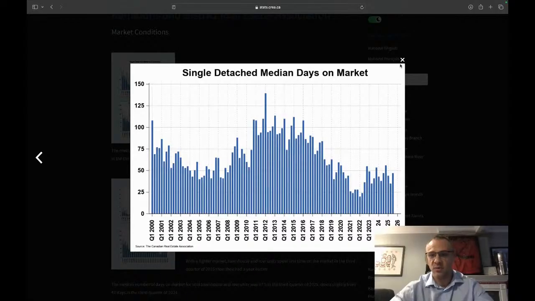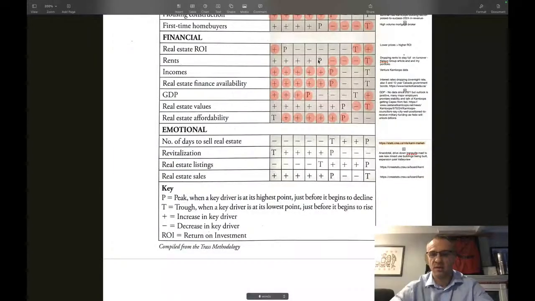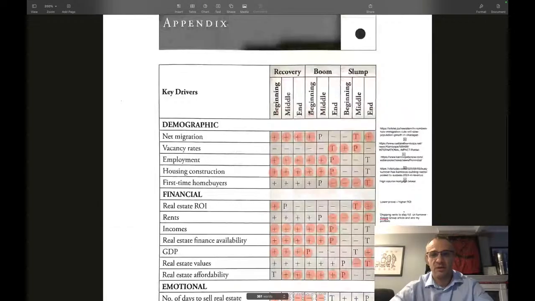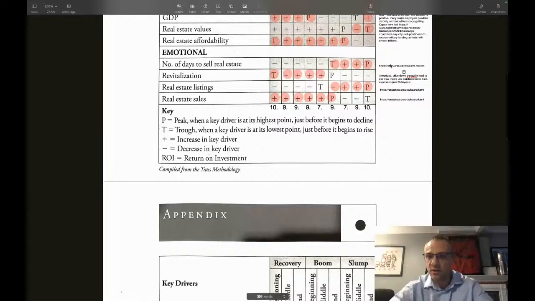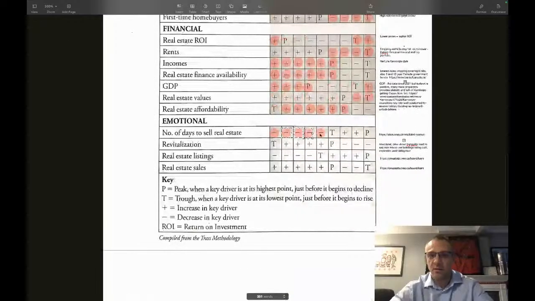Depending on the season, of course, there's more sales in the summer than there is in the winter, so that'll drop off again here potentially. Okay, so number of days to sell real estate. I think we're dropping. That's what I found last time. Let's see. Oh, or no, it was increasing. All right.